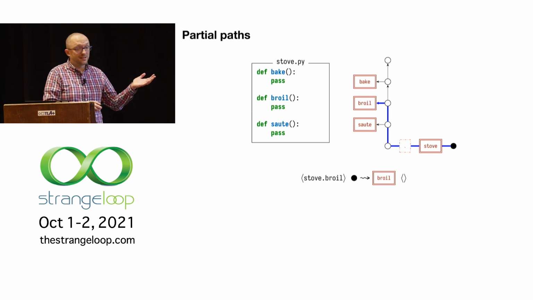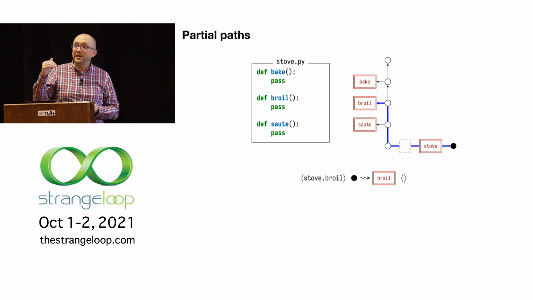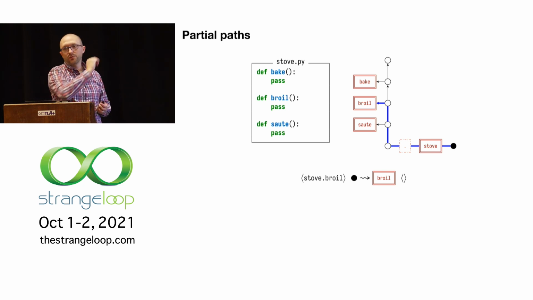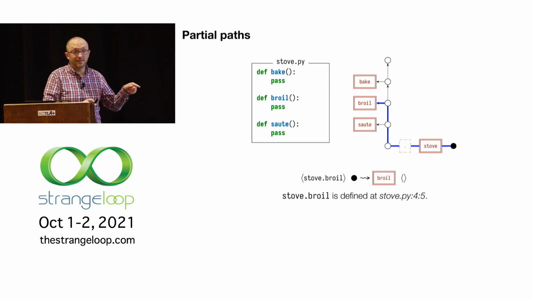So there's a precondition that says the top of the stack needs to be stove.broil. Otherwise, we aren't legally allowed to go through those nodes and use this partial path. If we do use this partial path, we will have popped that content off, and so what's left in its place is nothing, an empty symbol stack. And this corresponds with the fact that there is a definition called stove.broil at a particular location.